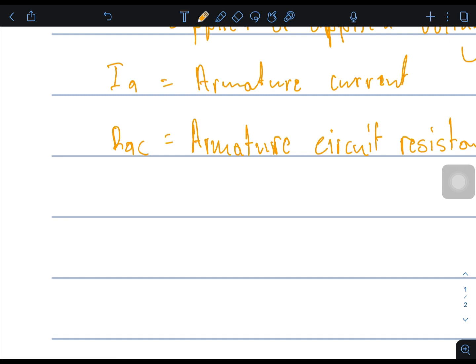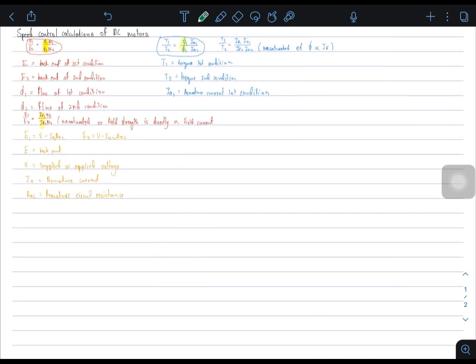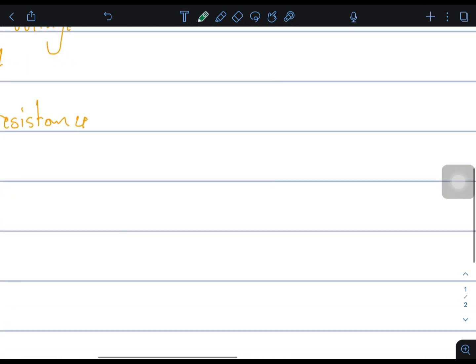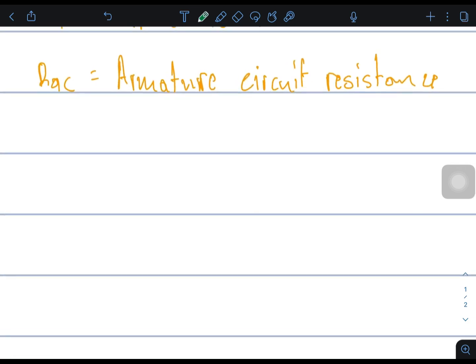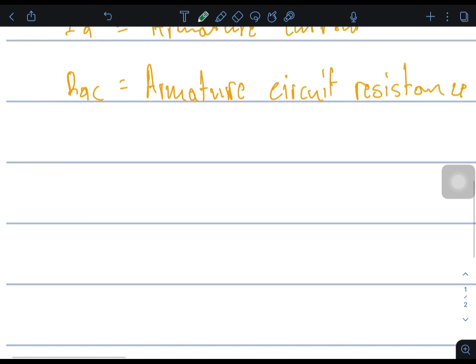Okay, the next thing: there are two types of motor whereby we'll be performing these calculations. A question can ask you about series mode.